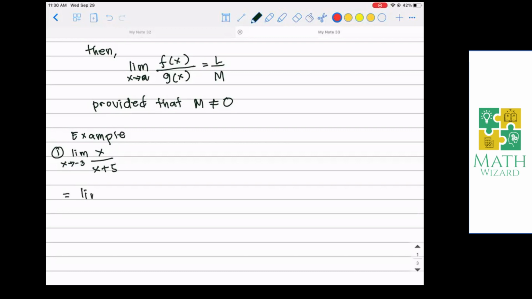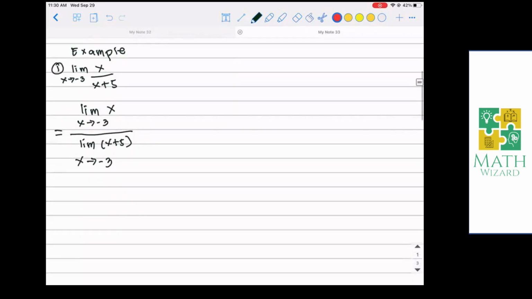So this becomes the limit of x sa numerator muna as x approaches to negative 3 over yung limit ng denominator, the limit of x plus 5 as x approaches to negative 3. Yan.